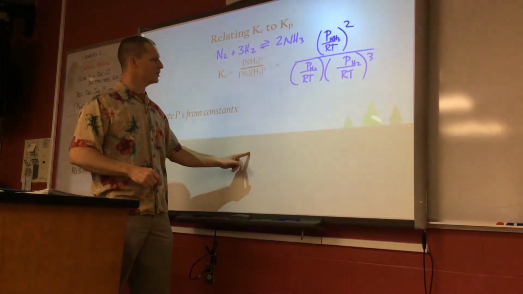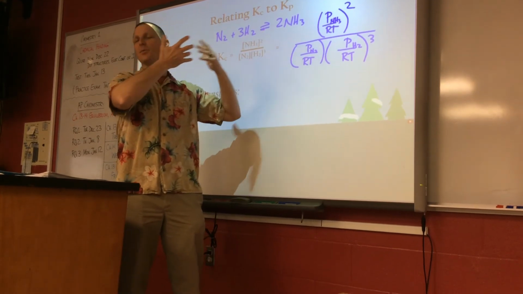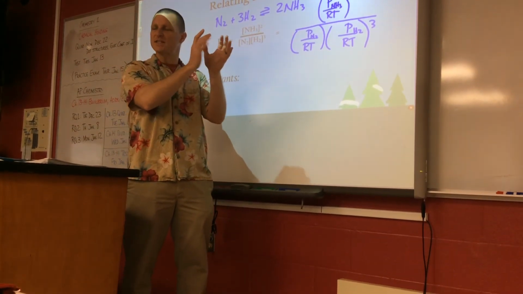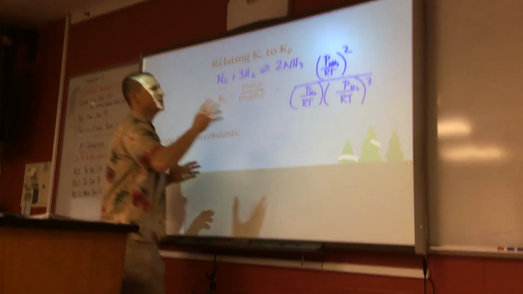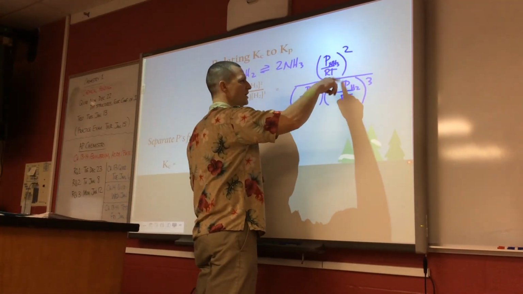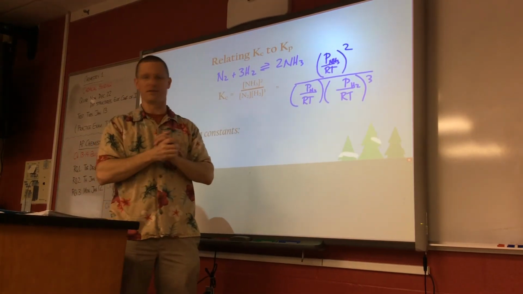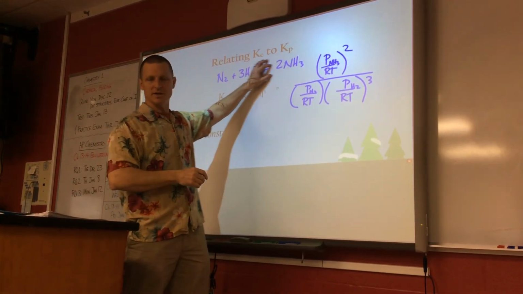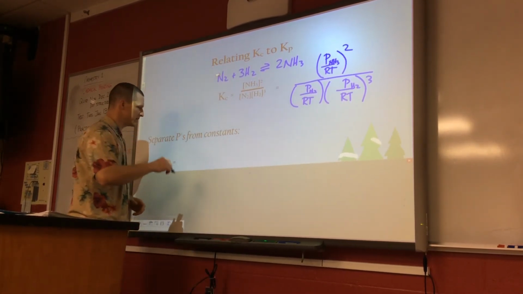All right, now what I'm going to do strategically is pull all the changing variable terms off to the side and then the constant terms next to it. What's changing here? The pressures change. The R and T, though, they're constant because we assume that the R and T are the same for all of these. Okay? I'm going to try green. Tell me if you can't read this one.